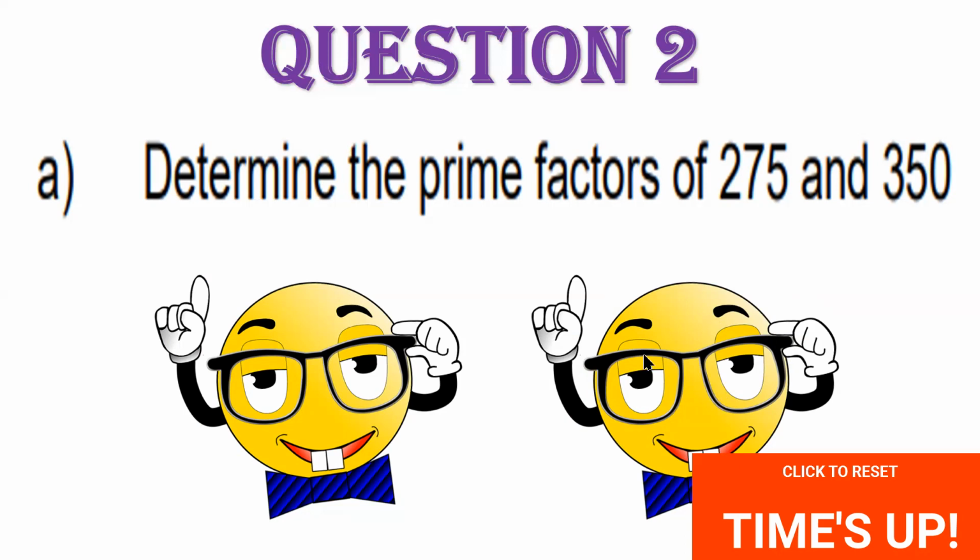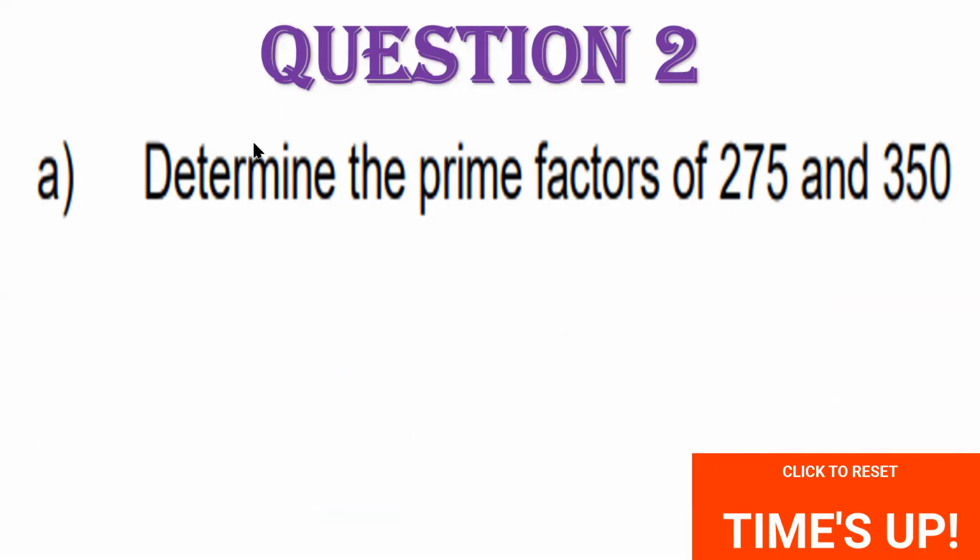All right, let's continue. Now, we are going to answer this question. 275. Let's get the prime numbers for each. Let's write it down. Our number is 275. First of all, we are trying with 2.